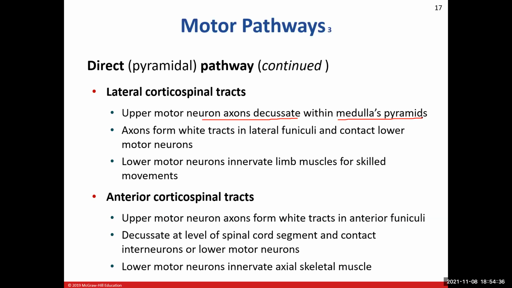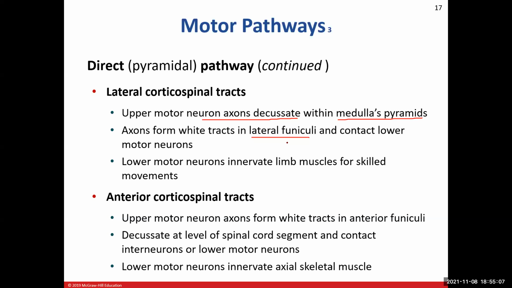And so after they decussate, they're going to travel down in the spinal cord through the lateral funiculi. They're going to descend down to the specific level and then synapse on the lower motor neuron that is located in the anterior horn. And then from there, that lower motor neuron will exit out to the effector, the skeletal muscles.